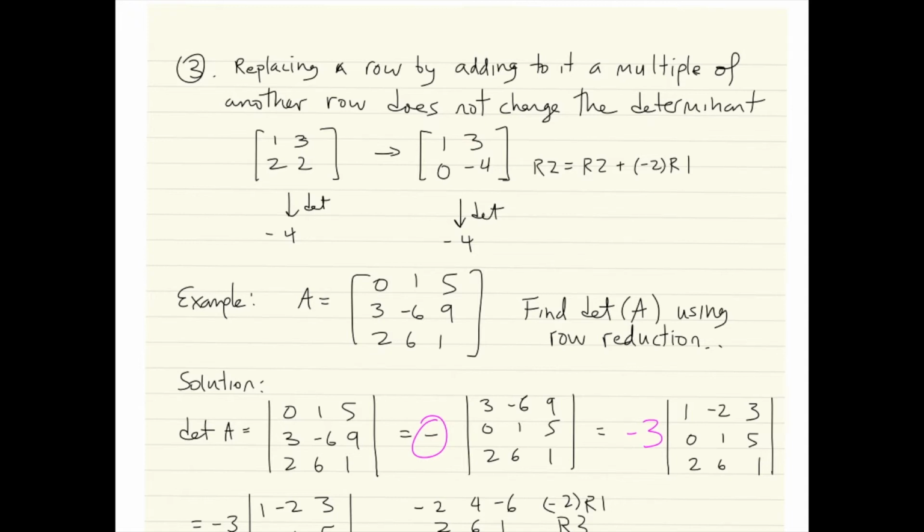We get this matrix here, and its determinant is -4 as well. This property in general is a little bit harder to see, so once again, let me not go through the proof. Let's just accept this, and let's find out how we can use that to find the determinant of matrices using row reduction.